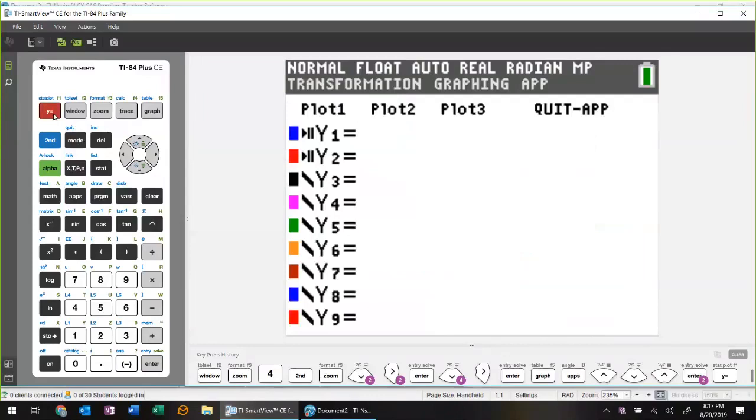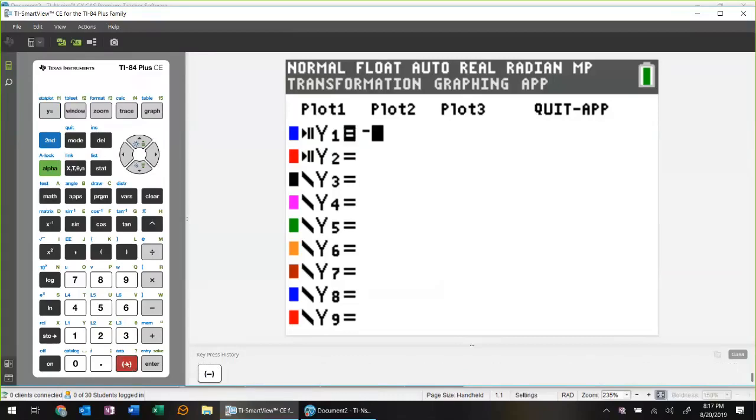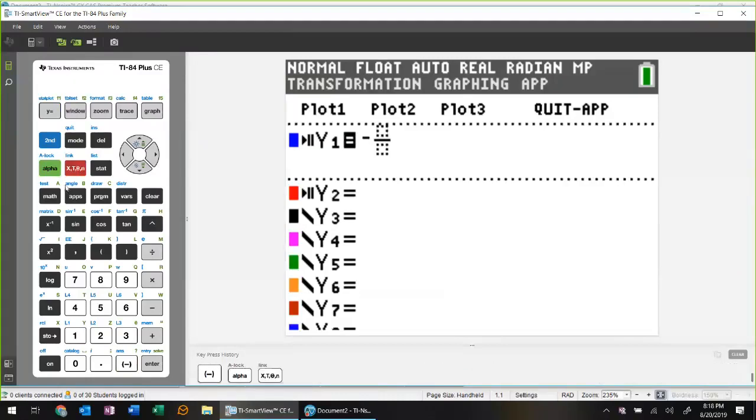You can see that this screen's a little bit different now in terms of the icons that are next to Y1 and Y2. These two functions now allow for the parameters A, B, C, and D to be entered and manipulated live in the graph. So I'm going to enter the equation here: negative, and then I want the fraction A over B. So I'm going to use a shortcut to get the nice horizontal fraction bar, alpha x, and I'm going to put alpha A in the numerator.